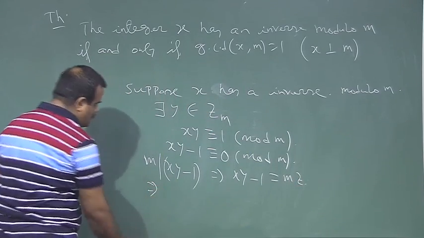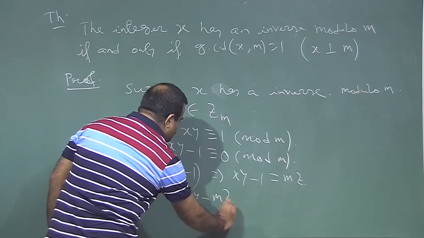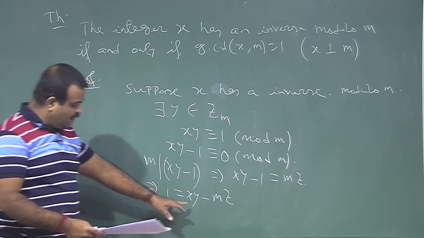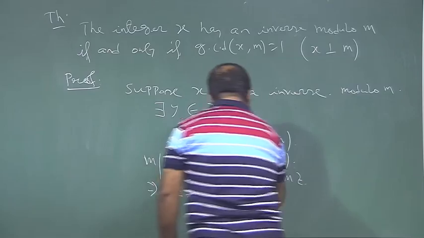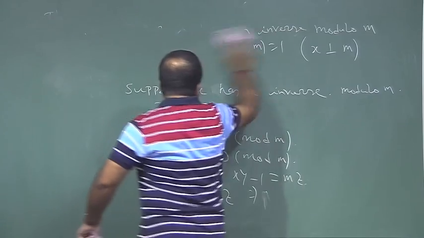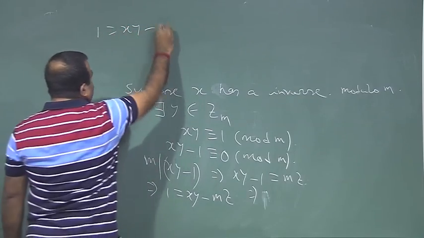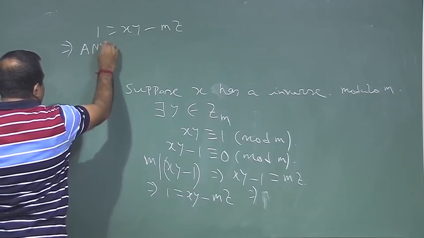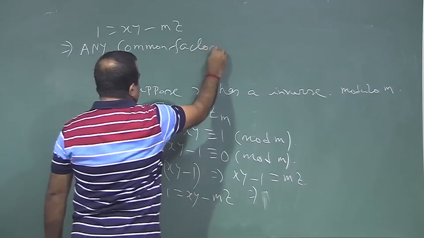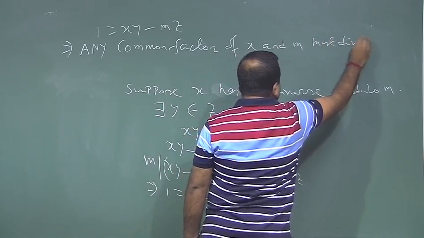This implies 1 is equal to xy minus mz. So, any common factor of x and m must divide 1.